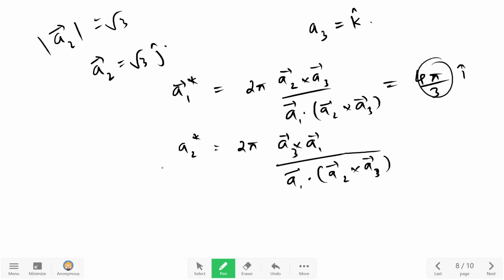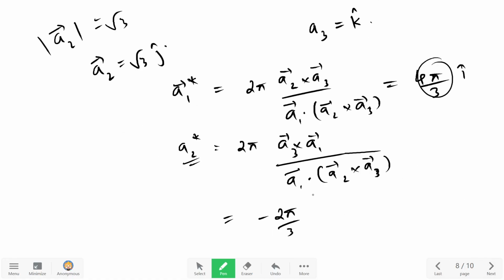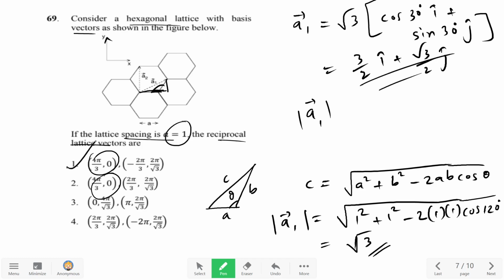And when you find A2 star, it will be minus 2 pi by 3 i cap plus 2 pi by root 3 j cap. This you can do yourself. Option 1 will be the correct answer.